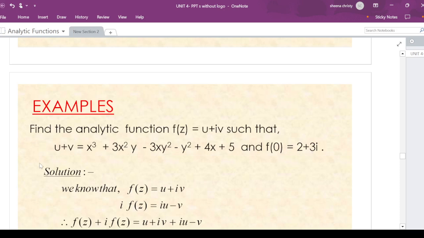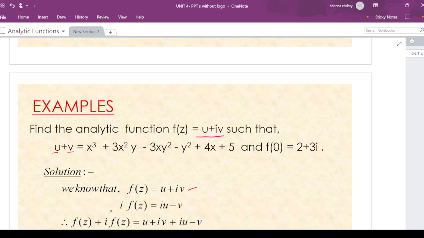So what is the beauty of this problem? Here, if you consider f(z) equal to u plus iv, then u is also coming and v is also coming. So we are not able to understand whether it is the real part of f(z) or the imaginary part of f(z). To identify that term, we consider f(z) equal to u plus iv.